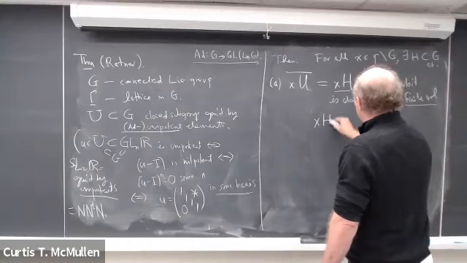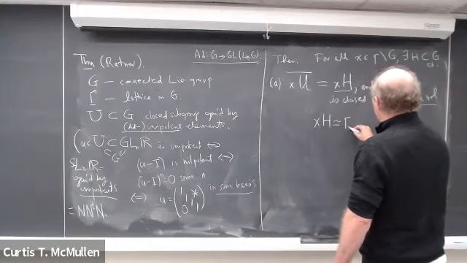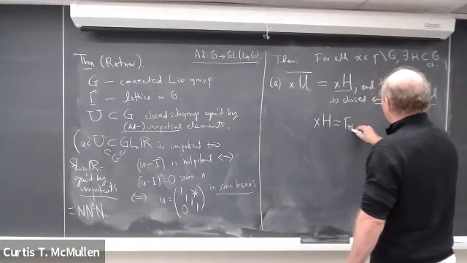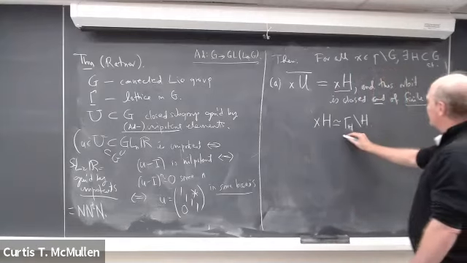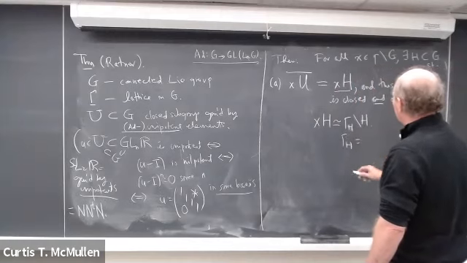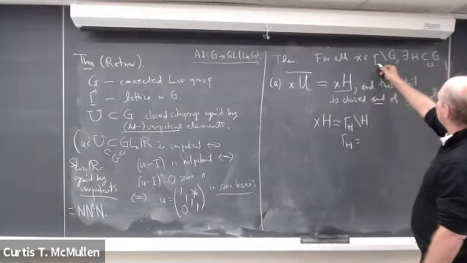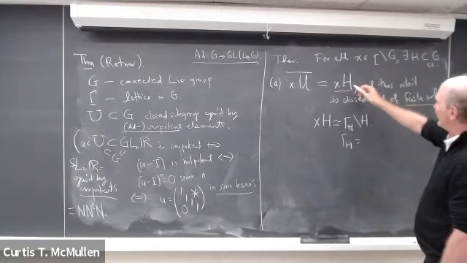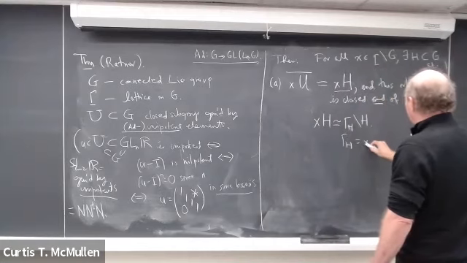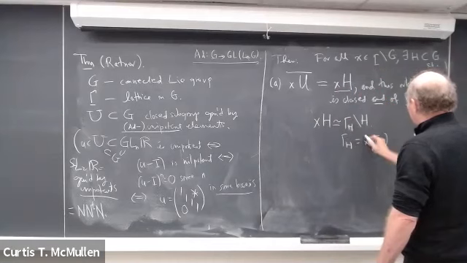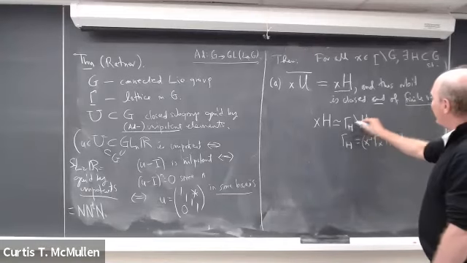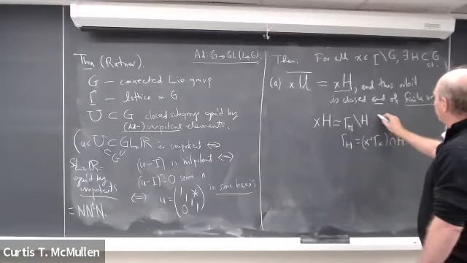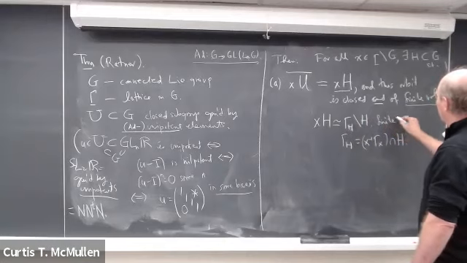So XH is isomorphic to gamma_H mod H, where gamma_H is the stabilizer, and the stabilizer comes from elements of gamma that happen to interact correctly with H. It turns out that that's just X inverse gamma X intersect H. And then the statement that it's a finite volume is that gamma_H is a lattice in H. So this should have finite volume.